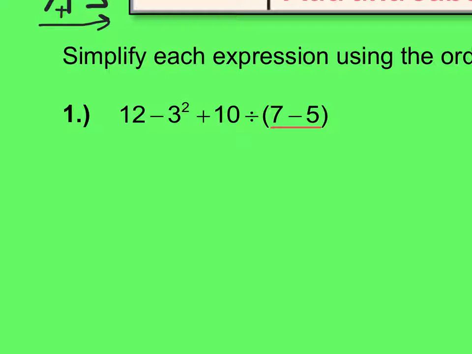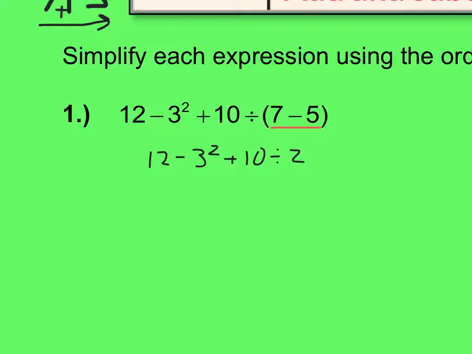I like to highlight what step I'm going to do. And then every time I do that step, I replace what I underlined with what it actually equals. So we'll rewrite 12 minus 3 squared plus 10 divided by, now 7 minus 5, we're going to replace that with what that equals, which is 2.